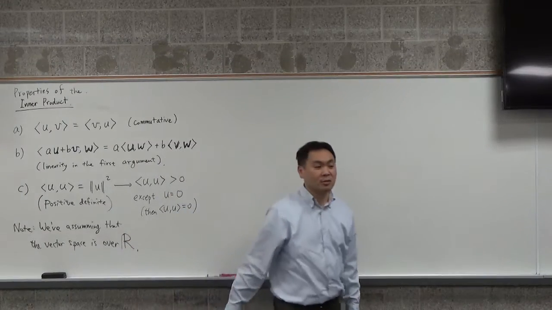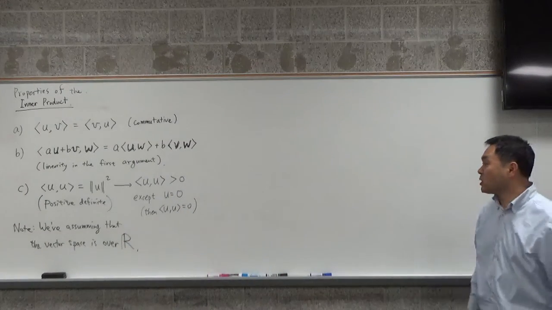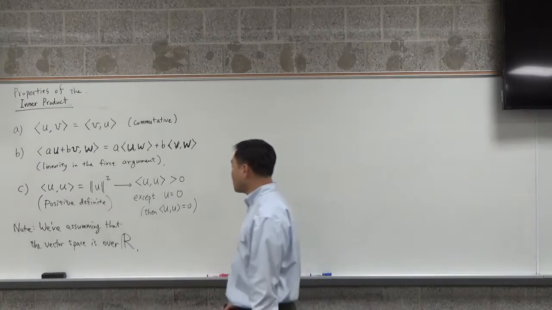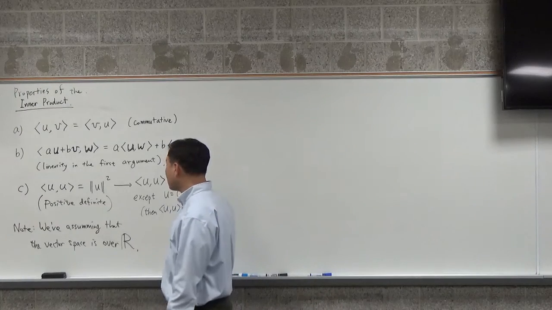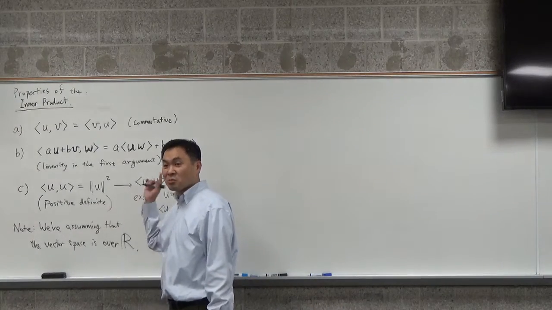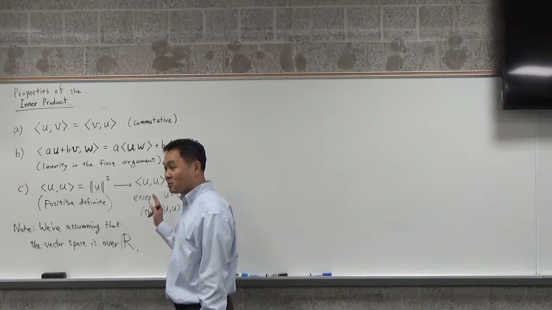So if the vector space only allows for real numbers, then of course a1 squared plus a2 squared plus a3 squared should always be positive, right?